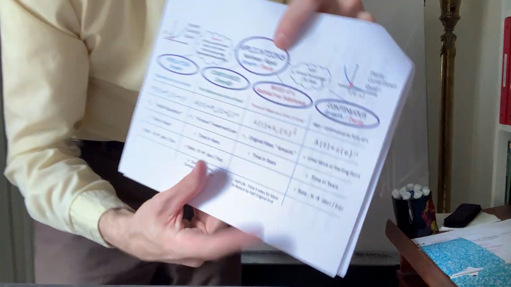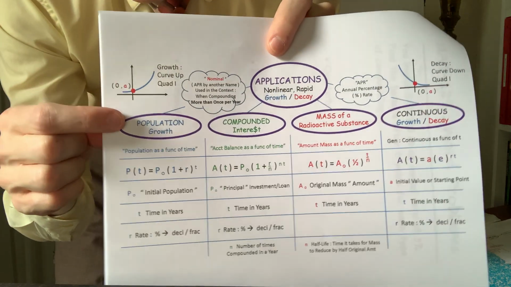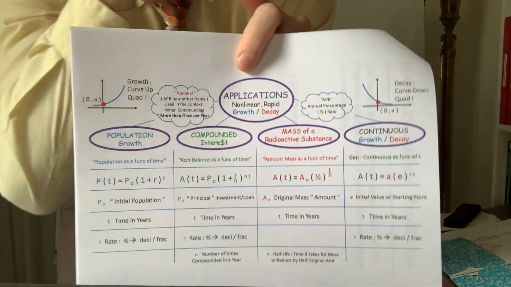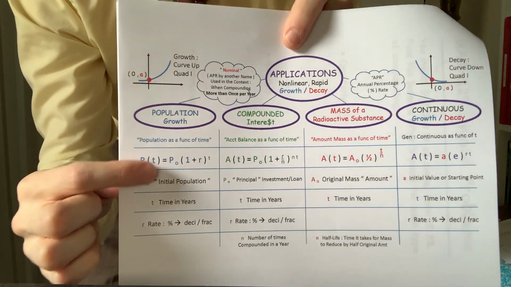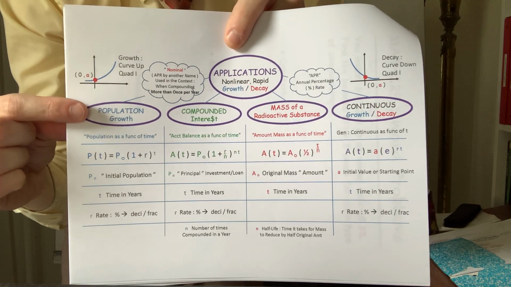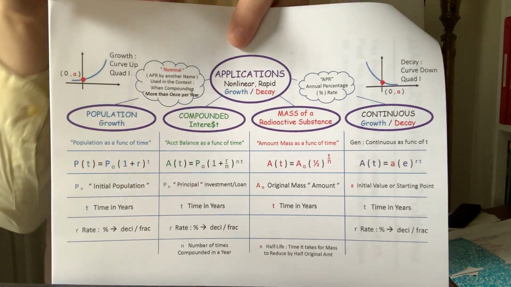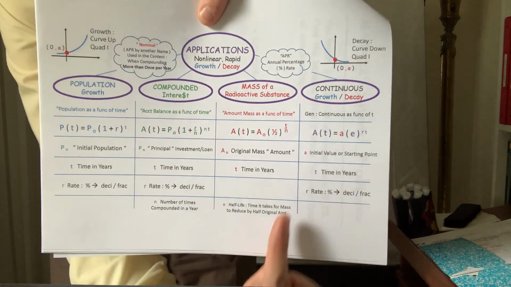These are applications I tried to summarize: different incarnations of an exponential function. It has little extra features, which I've tried to describe here, based upon whether you're examining population or compounded interest, or the mass of something radioactive, perhaps, or continuous growth or decay.